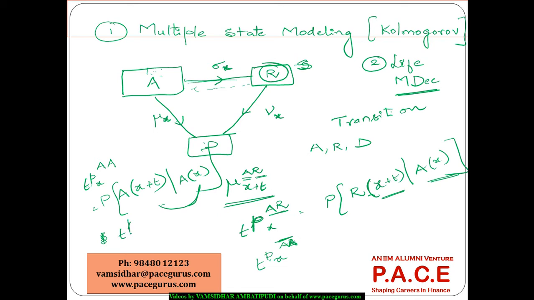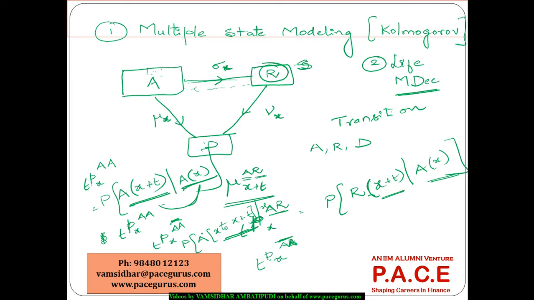When I just write it like this, it means the probability that he is in state A at age x plus t, given that he is in state A at age x. But when I write it as t p x AA bar, it means the probability that he is in state A right from x to x plus t, given that he is in state A at x, meaning he did not change the state in the middle and come back to that state. That is not the case.